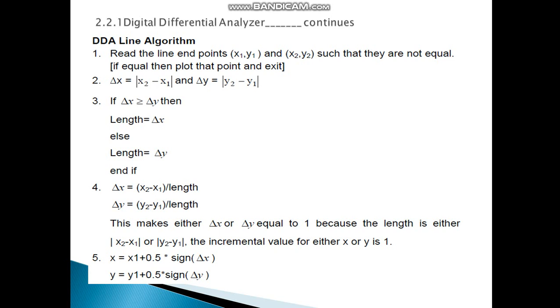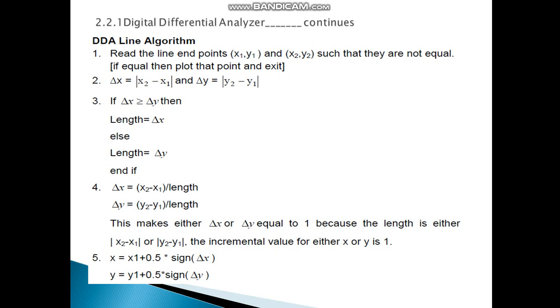So if delta x is greater than delta y, then steps is equal to delta x, else steps is equal to delta y.